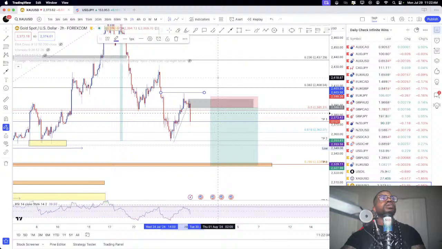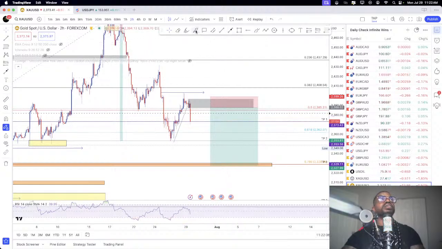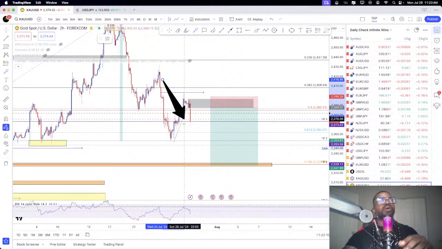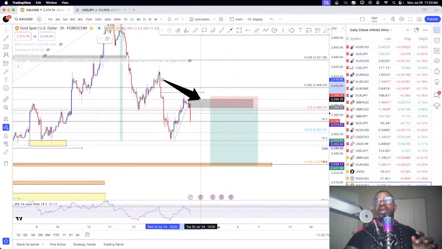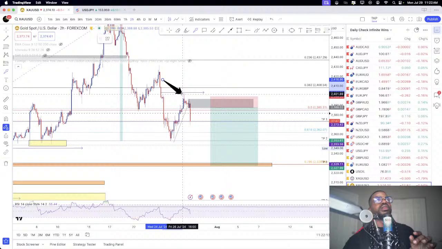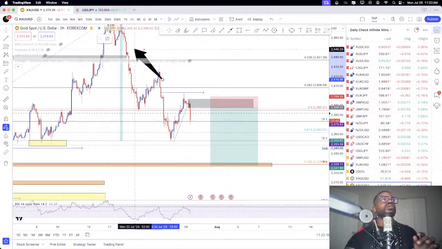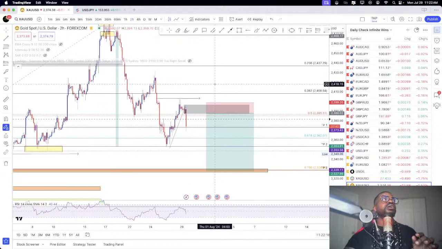But we're either gonna see a little respect right here, or price is gonna do its thing, create a higher high, and break above this level to continue this uptrend.